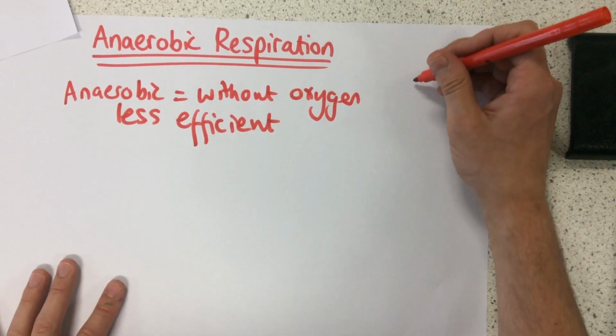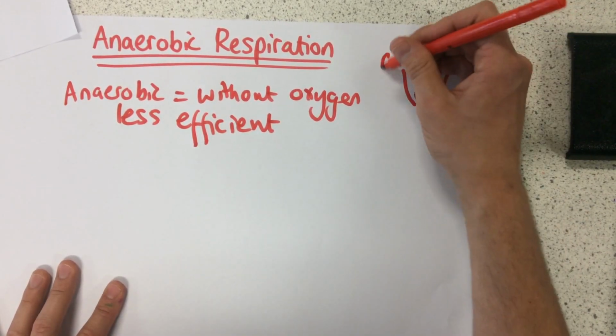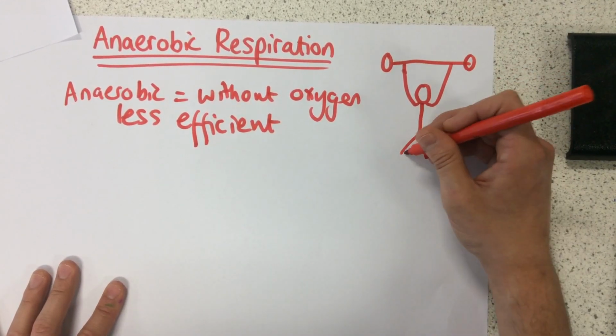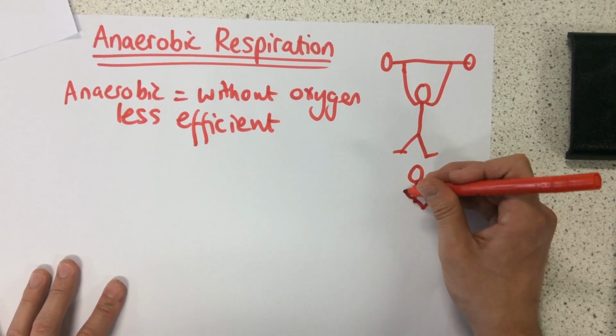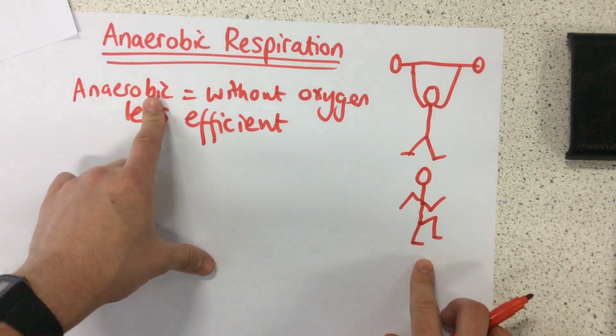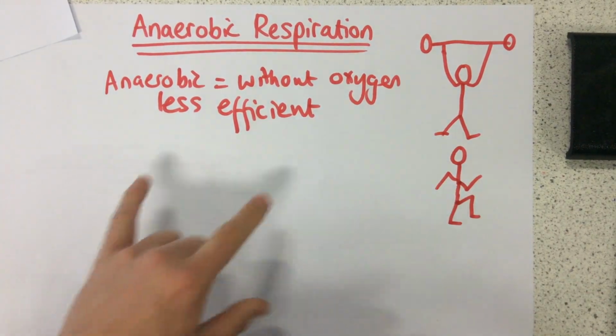Now in animals, in people, this is for fast-acting activities such as weightlifting or sprinting. These types of activities are examples of anaerobic respiration without oxygen because they happen very, very quickly.